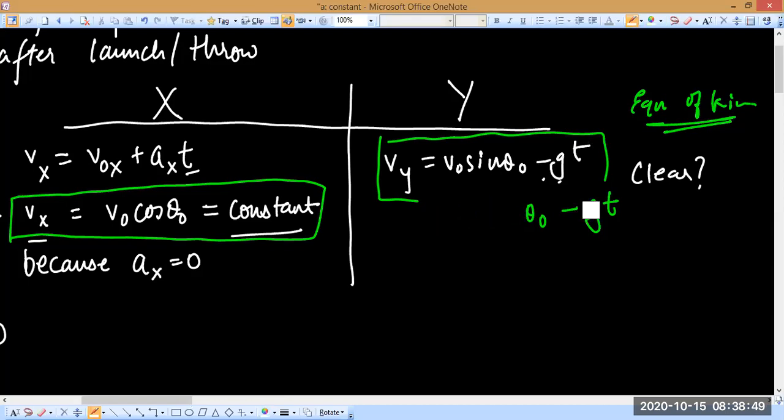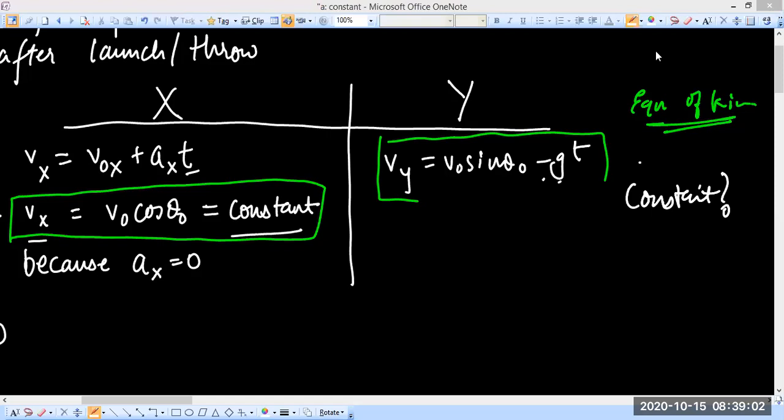Now, is this a constant? I'm asking you, is this a constant? Yes or no? No, because you can see there is t in it, right?